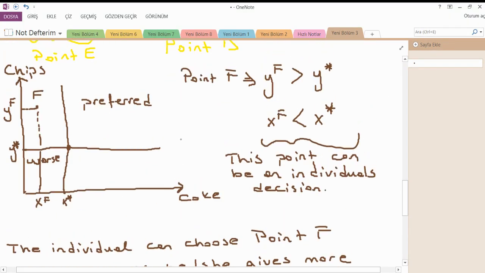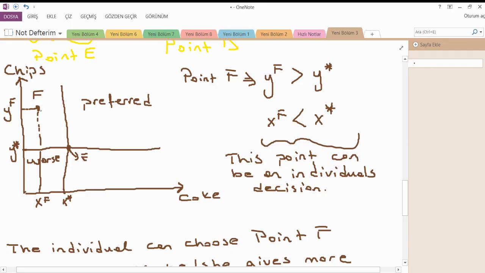So what am I trying to say is, if the utilities that an individual gets from point F's bundle and point E's, this was point E, okay? Point E's bundle, if they are equal to each other, they can be also preferred by the individual.